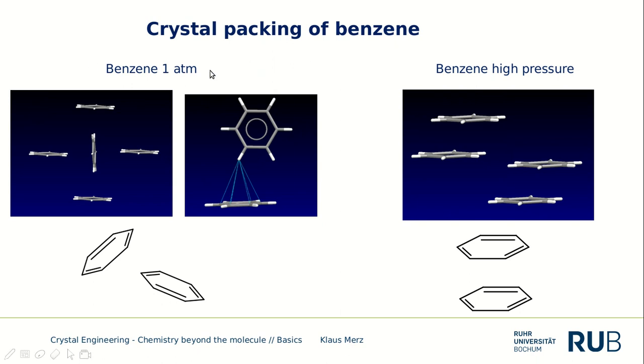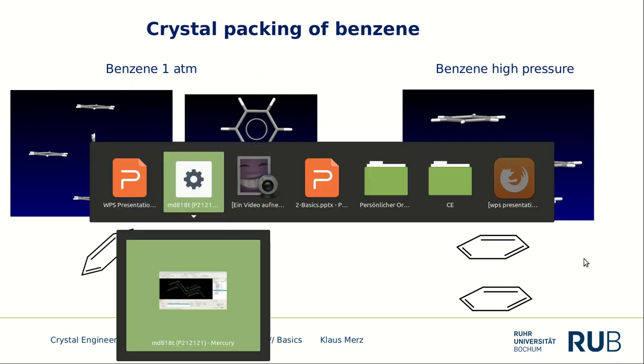One is benzene at 1 atmosphere, ambient temperature. See it here, T-shape. And if you look at the crystal packing at high pressure, see it here, we have face-to-face. Have a look.